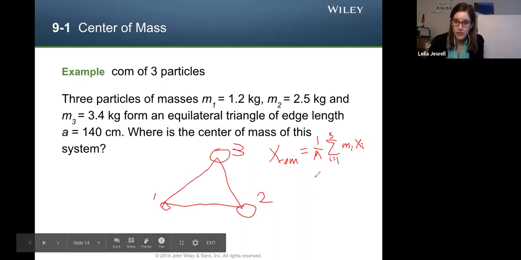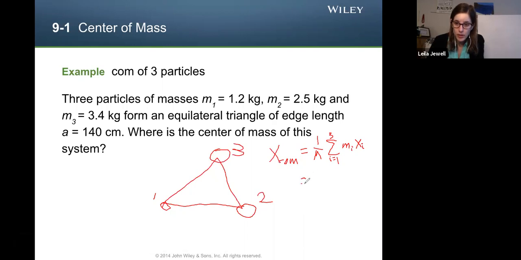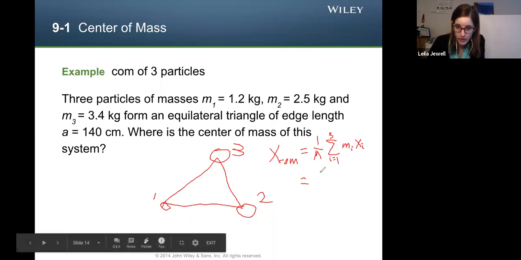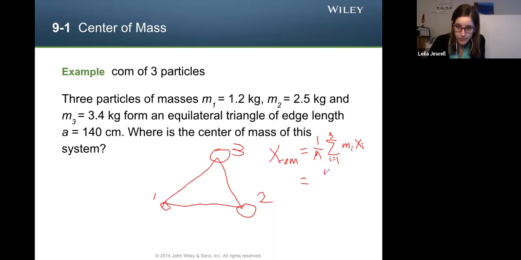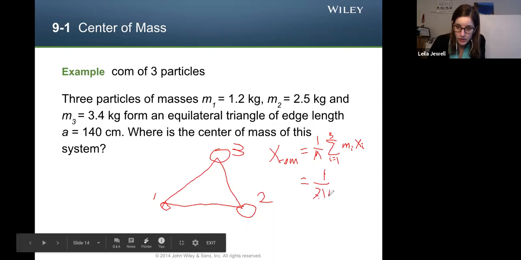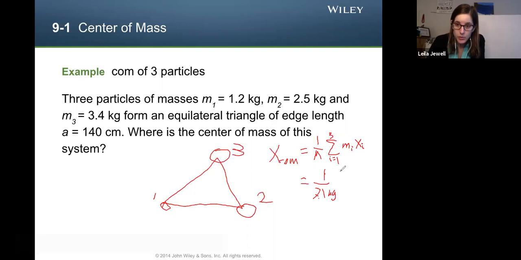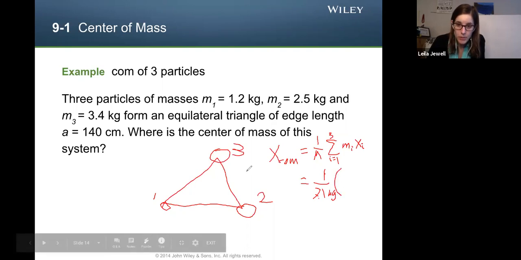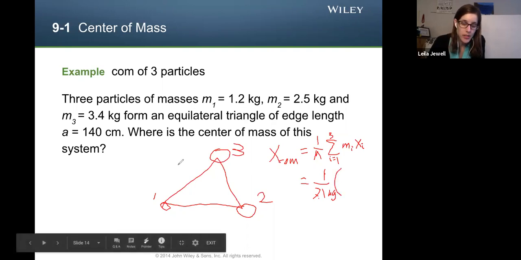So if we think about this, the total mass is adding these 3 masses up together. So 1.2 plus 2.5 is 3.7, plus 3.4, that'd be 7.1, I think. And then what we'll want to do is for each of the masses, multiply its position.